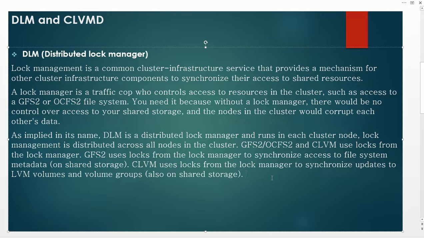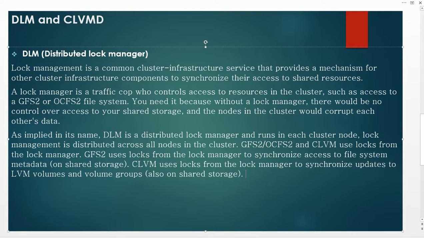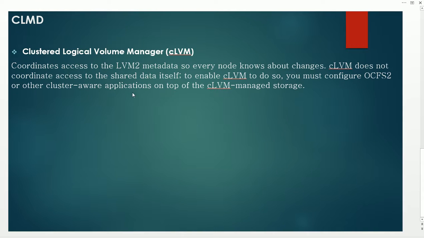That is the main purpose it is used for. And I have a slide which talks about CLVMD in brief here. It says the cluster logical volume manager coordinates access to LVM metadata, so every node knows about the changes.